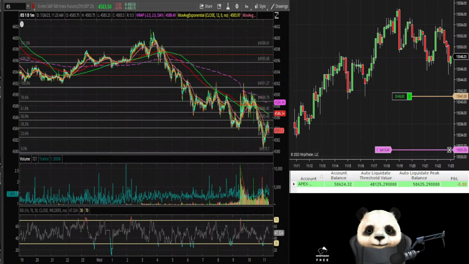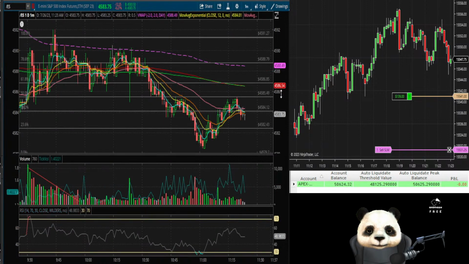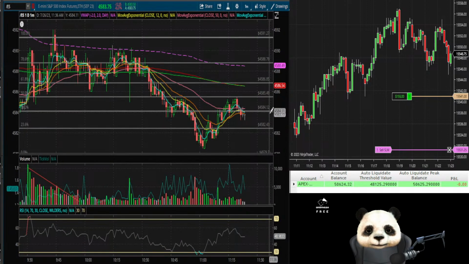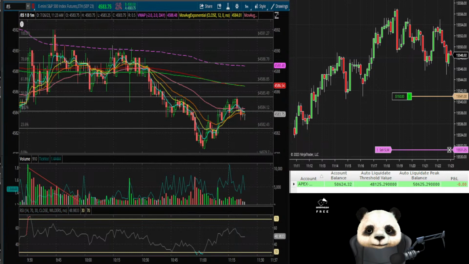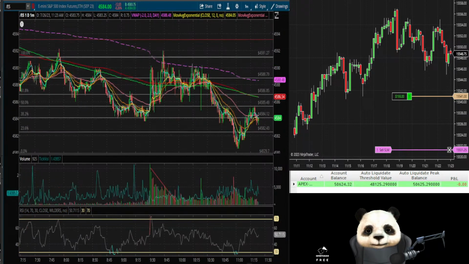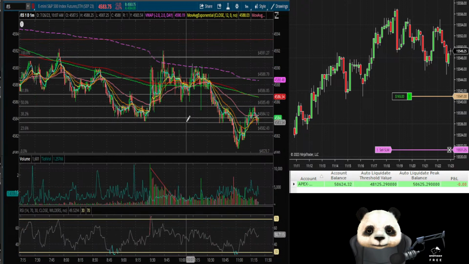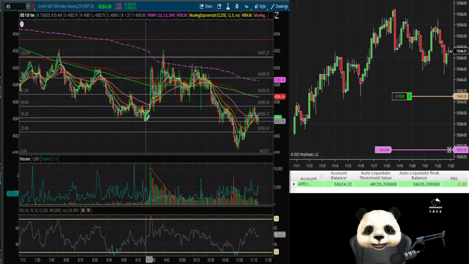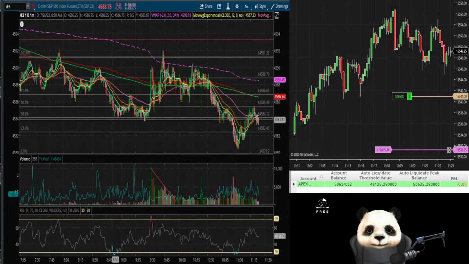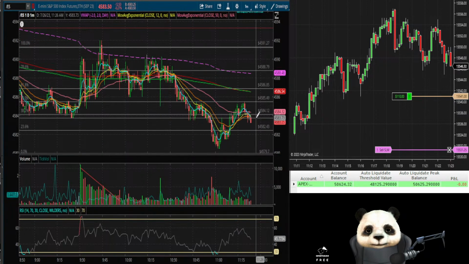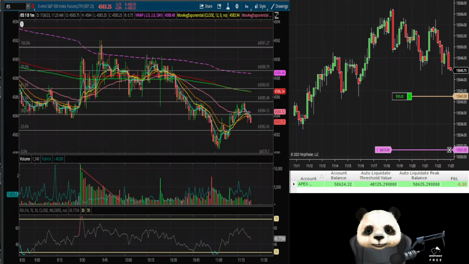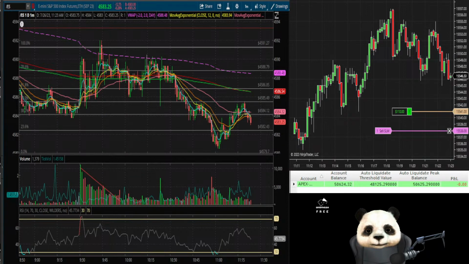See how we're cat and mousing this level right here. I'm probably going to be moving my stop. I don't want to take too much of a loss here.